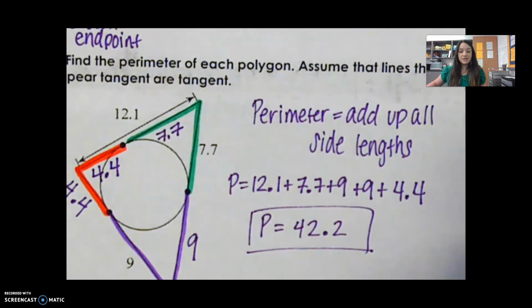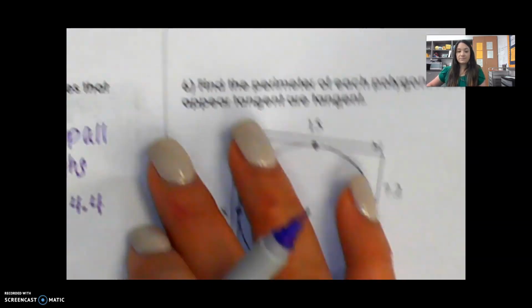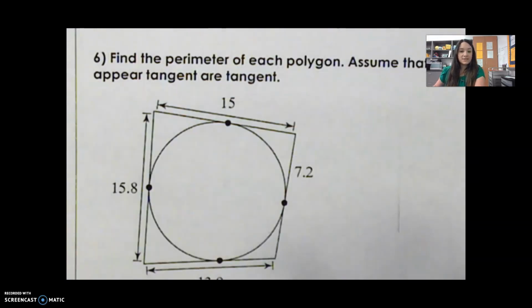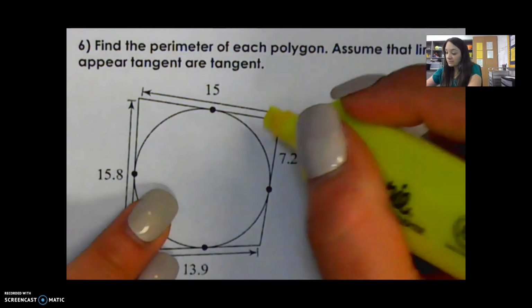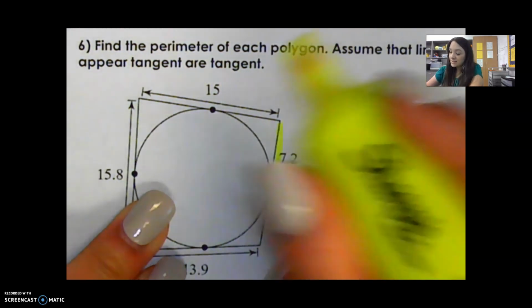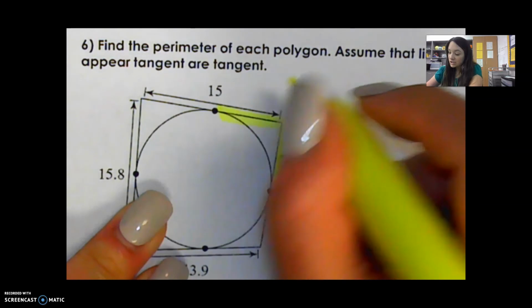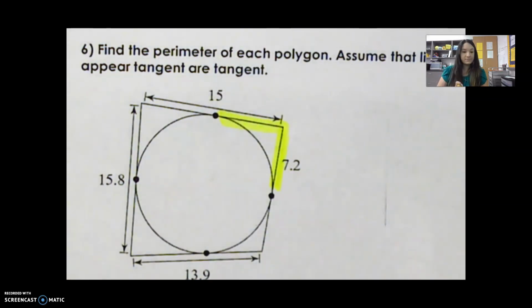All right, next question. I'm going to do the same kind of thing here, and I'm going to color code all my congruent parts. So I know that over here, the 7.2 is the same as this one because they share the same endpoint.